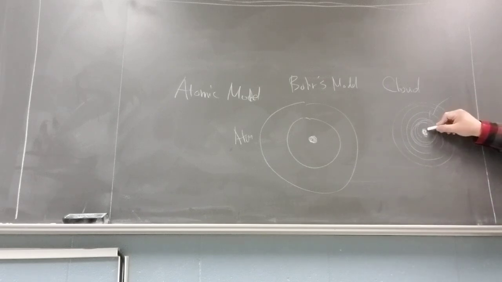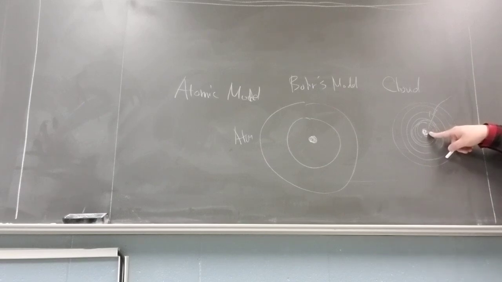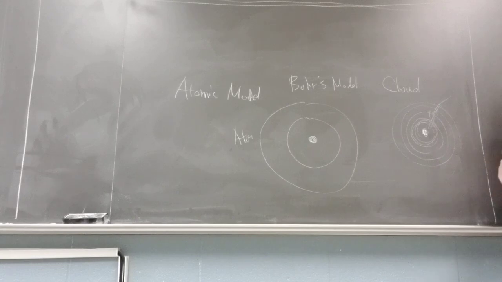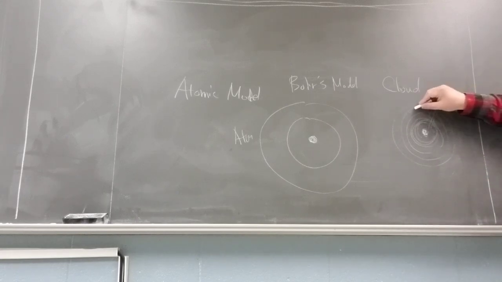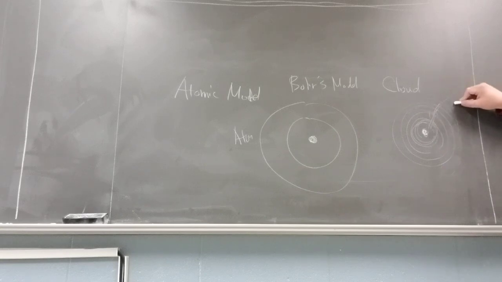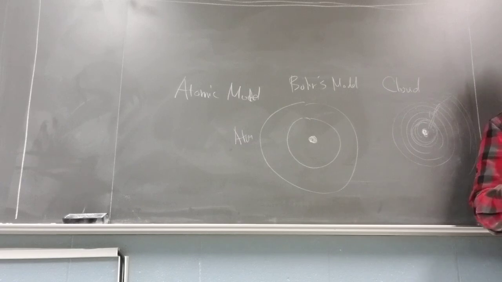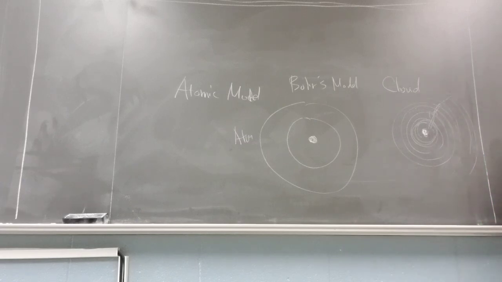But obviously, if you're far away from the nucleus, you have less and less chance to find the electron, right? Because it's far away. So you have a fainter, lighter cloud on the outside, and that makes a more realistic electron distribution around the nucleus in your model of the atom.